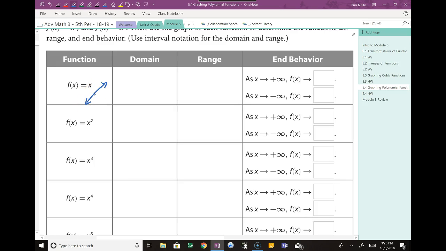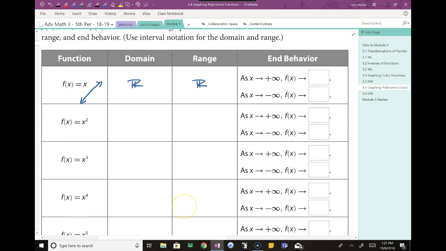So anything like that, straight line. So the domain for a straight line is what? All reals, because that's way faster. What's my range? All reals as well. Goes from negative infinity to positive infinity. And for my end behavior, as x goes to positive infinity, what does my right go to?